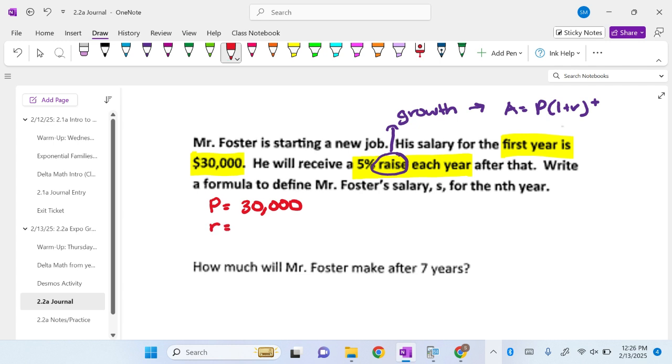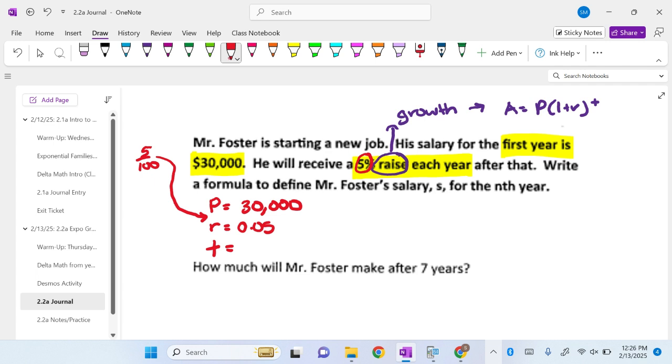What about R? And I want this as a decimal. 0.05. So your R is technically the 5%, but if you do 5 divided by 100, that gives you 0.05. Now, what did they say to represent T or time?